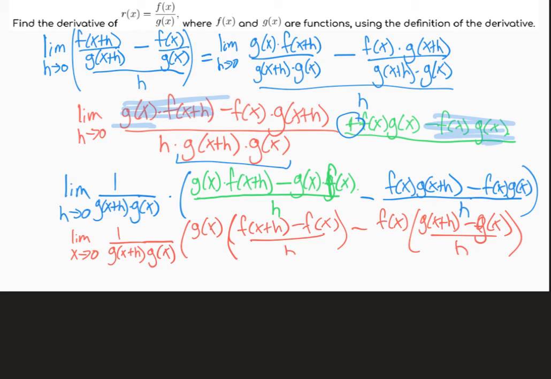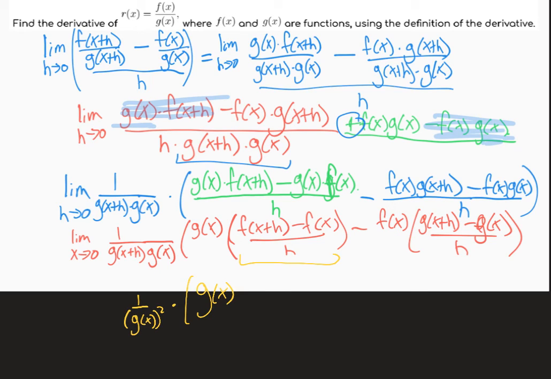Okay, taking this limit now, we're going to end up with 1 over, well, that's going to become g of x times g of x. Hope you're okay if I instead call that g of x squared. G of x doesn't change, so it's going to just kind of live there.